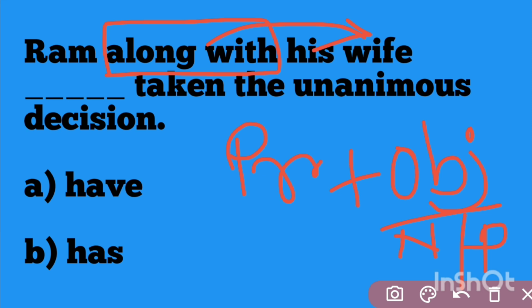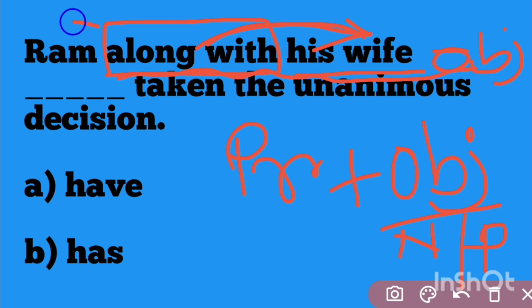And you know, in subject verb agreement, we do not think about the object. So in agreement, this part is not important.